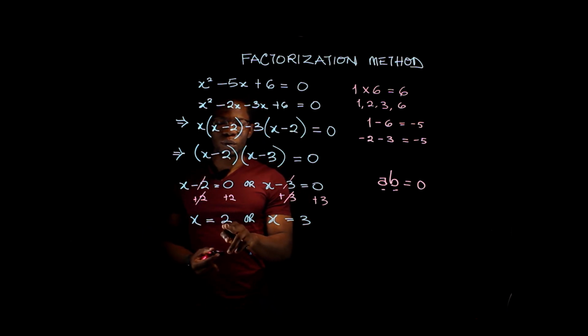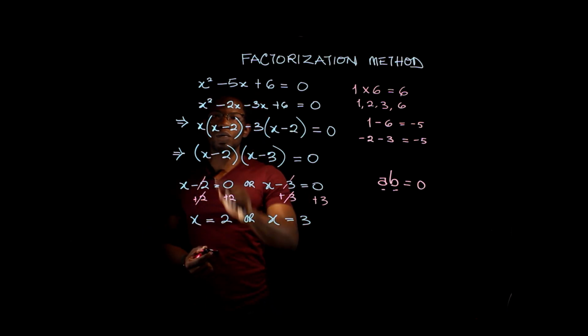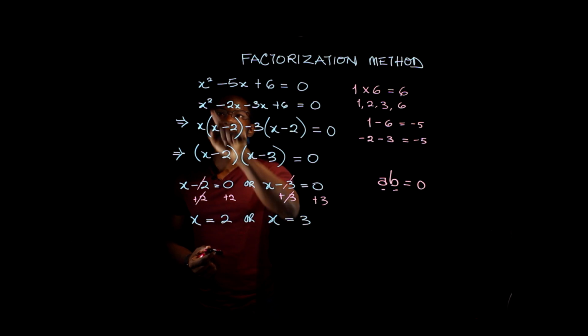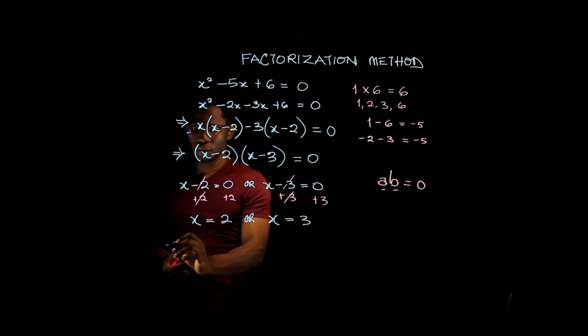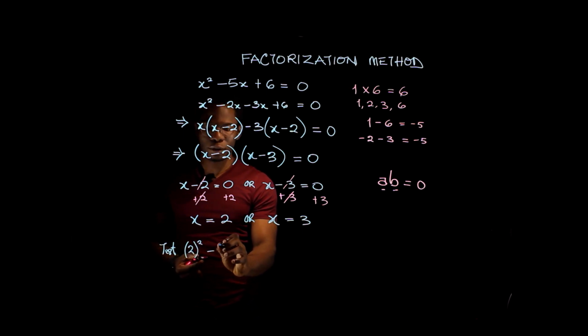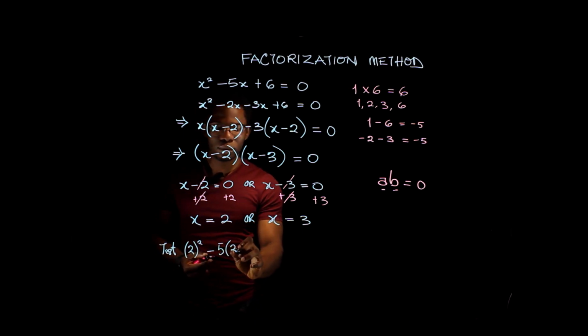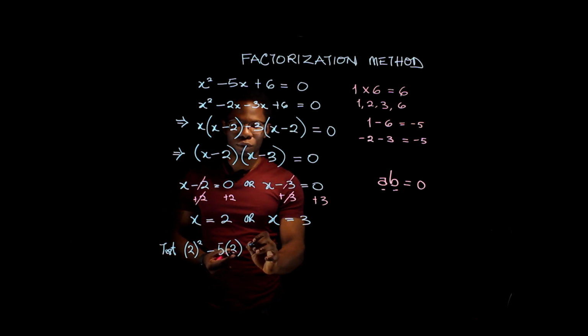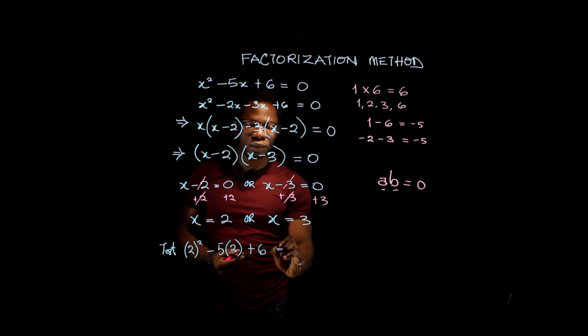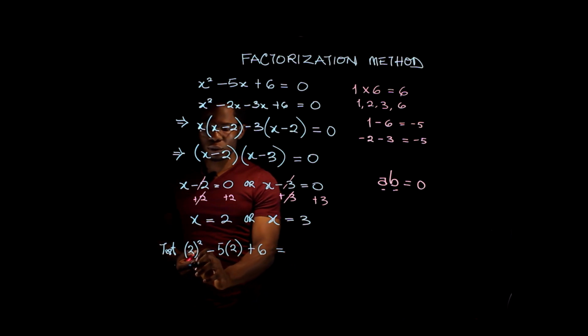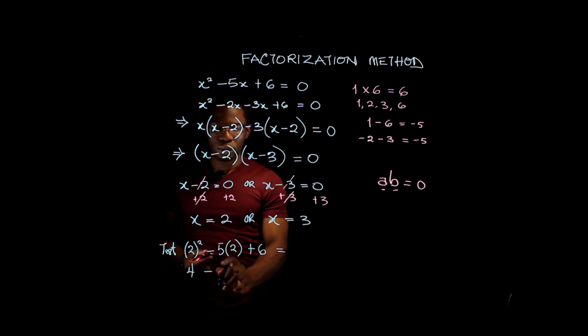And you can try it out if we swap x for 2 in this equation. Let's have a test here. That will be 2 squared minus 5 multiplied by 2 plus 6. 2 squared is equal to 4. 5 multiplied by 2 is equal to 10.